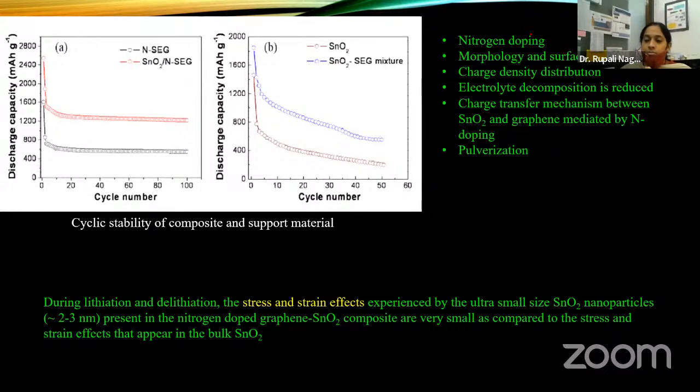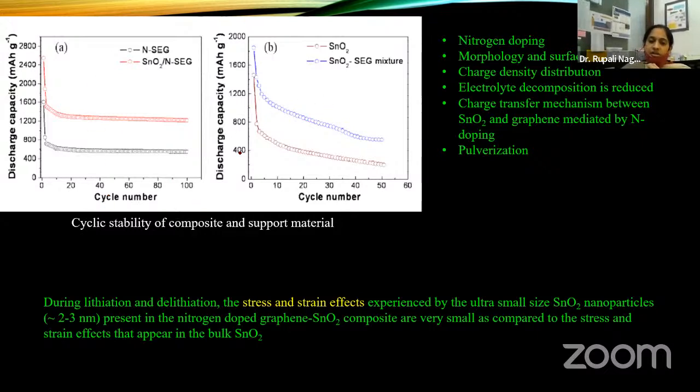If I have a bulky tin oxide particle sitting on a graphene sheet versus a fine metal oxide nanoparticle, the number of cycles I will be able to run my battery will be much more with finer size particles. This is what you can see in these two graphs.